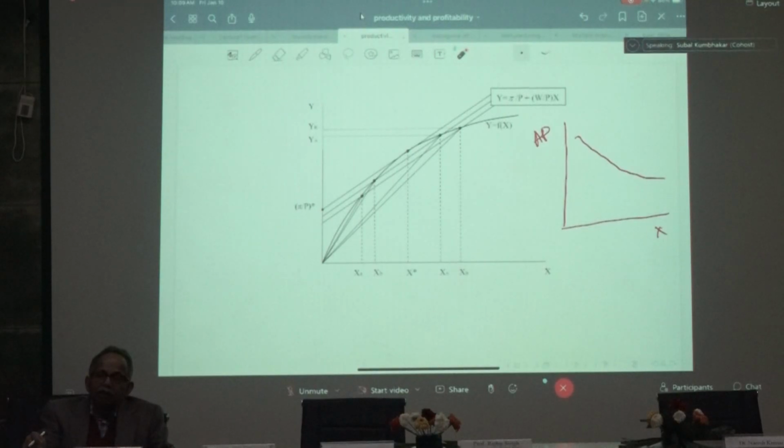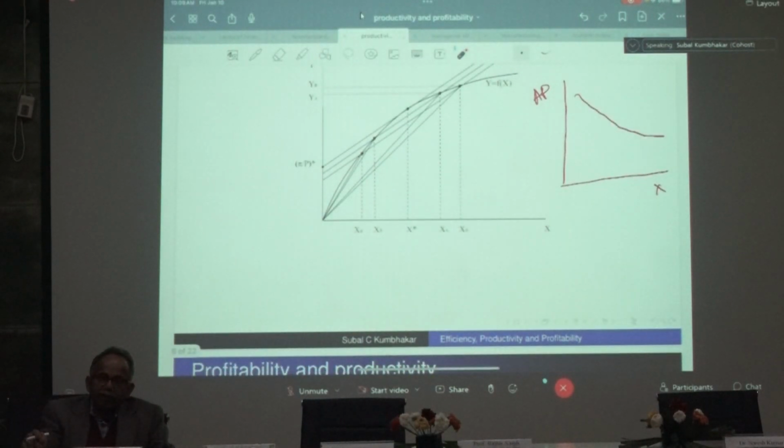So if your objective, and that's what we always assume, is that the objective of the firm is to maximize profit, then that should be the amount of resources to be used.